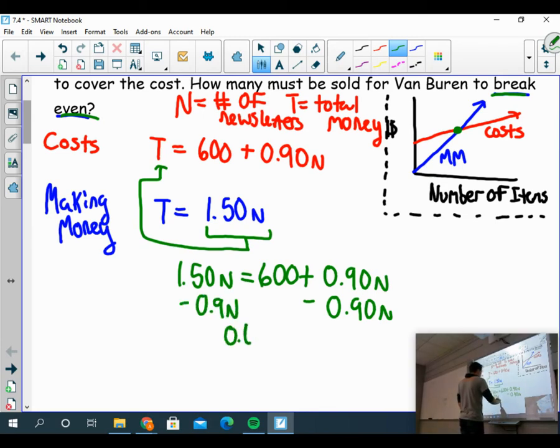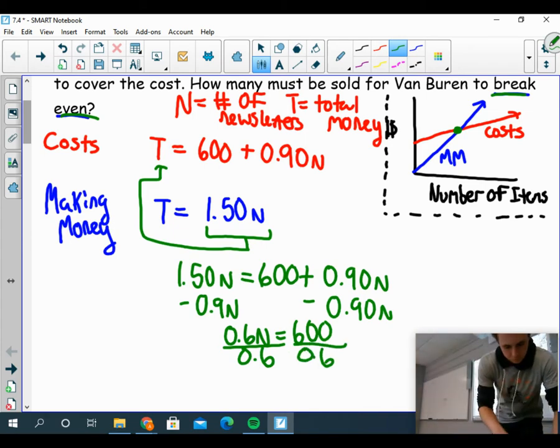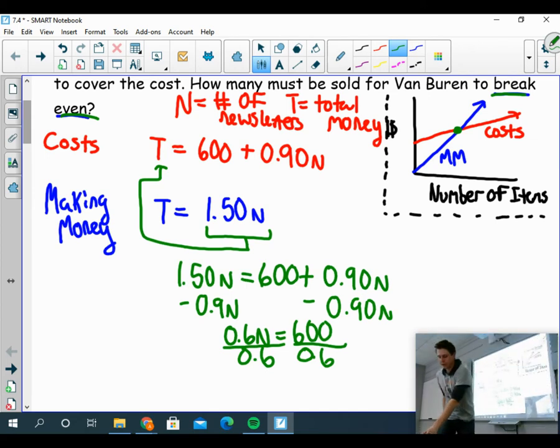That leaves me with 0.6N equals 600. Divide by 0.6, divide by 0.6, and I get N equals 1,000.